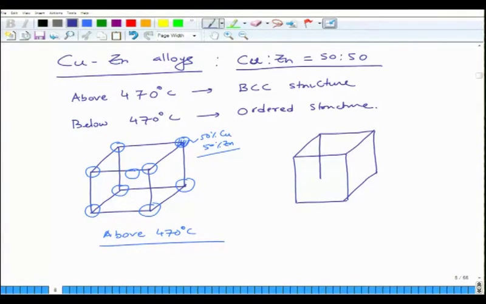Below 470 degree centigrade, what happens is that there is now a specific preference for sites. So, this is copper or zinc, whichever, this is zinc.